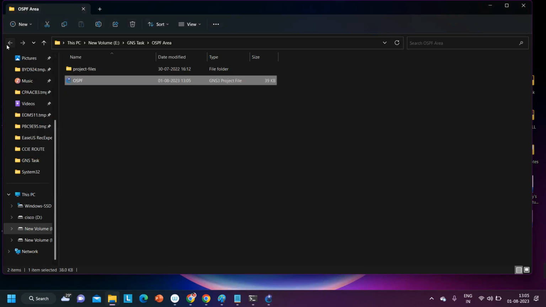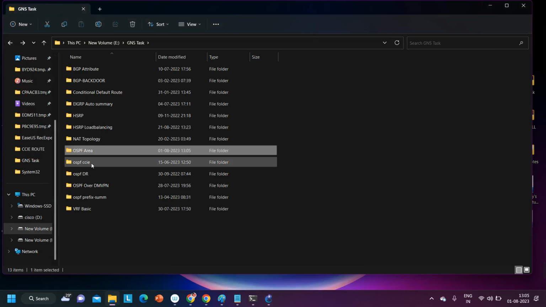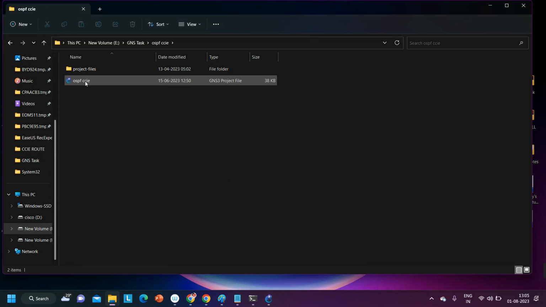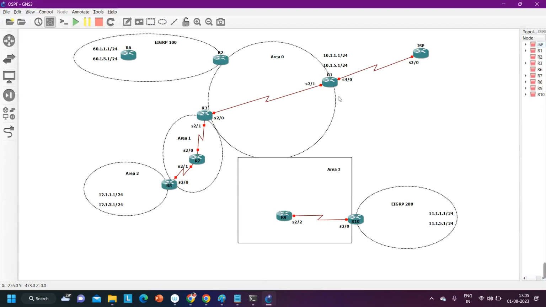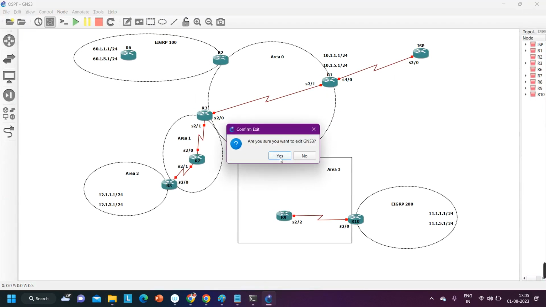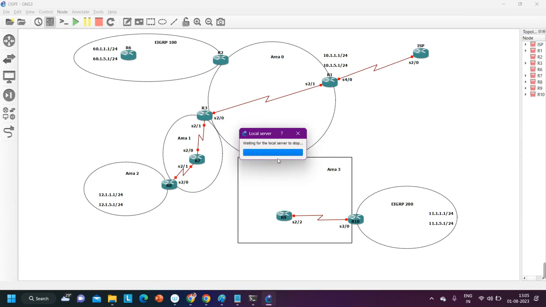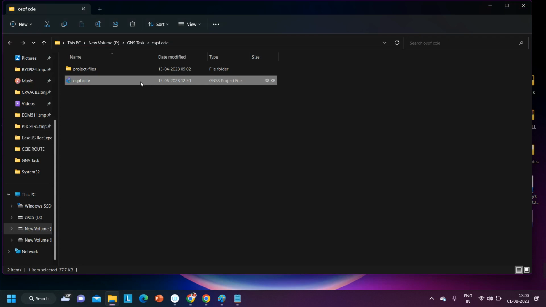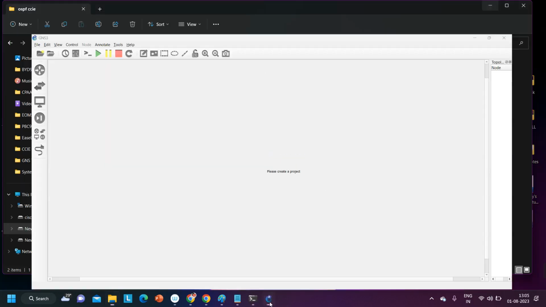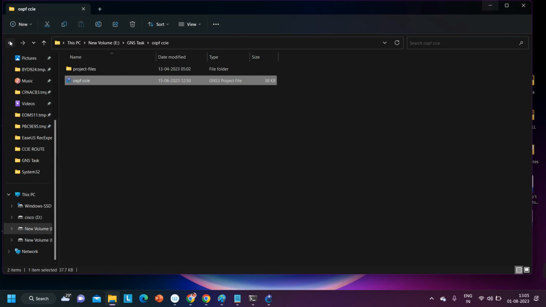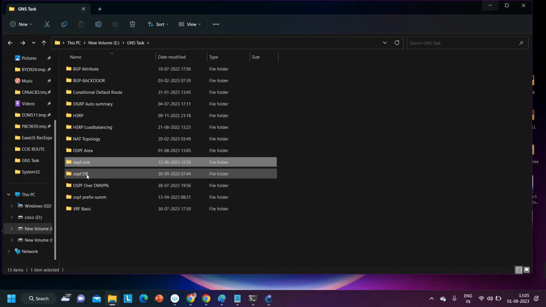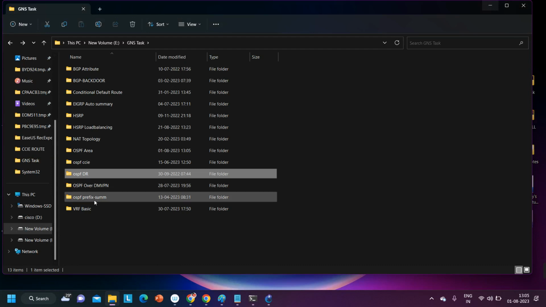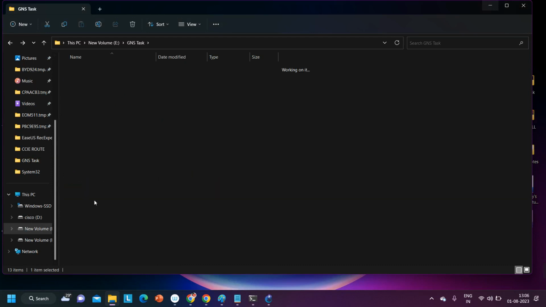I'm not talking about this topology. OSPF DR, OSPF over DMVPN, OSPF prefix.